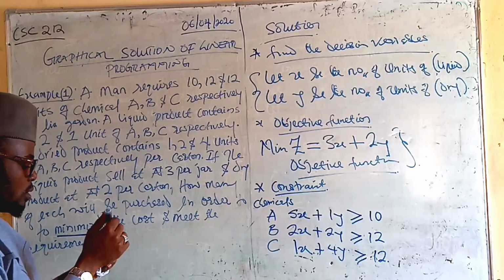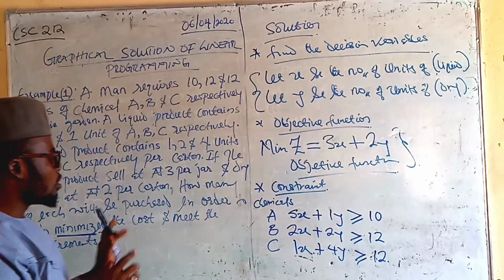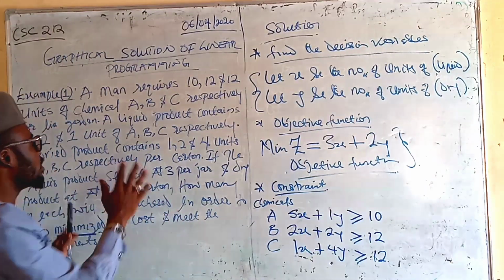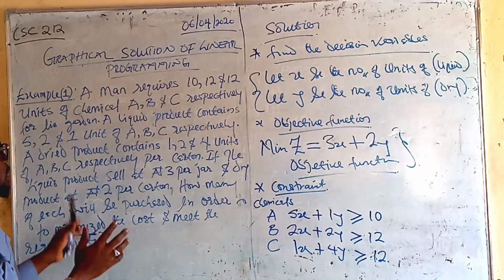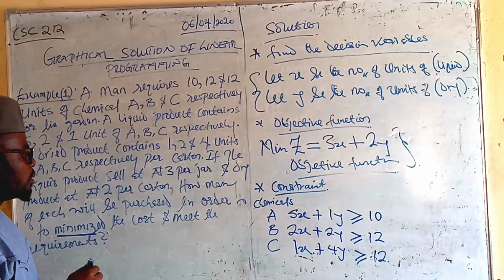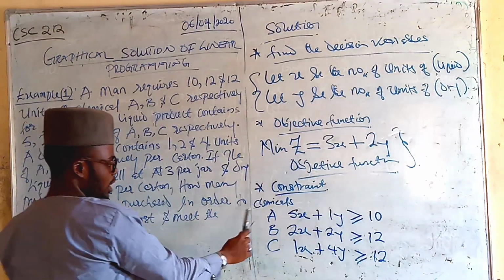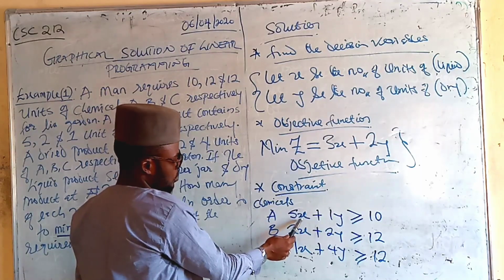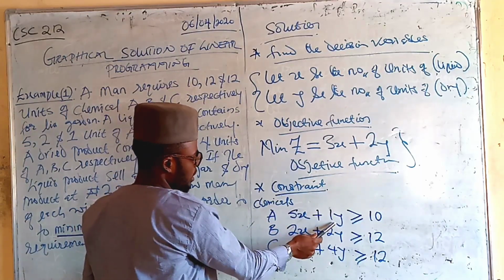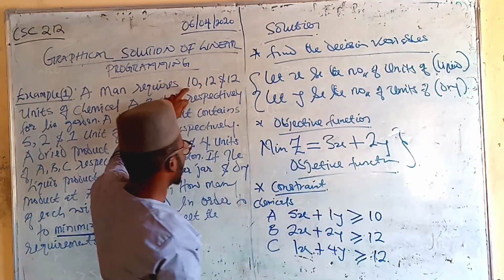So now we have already gotten our constraint. The constraint, I have already told you, is the operations that take place in any problem. So now we have already formulated. For chemical A, 5x plus 1y must be greater than or equals to 10.